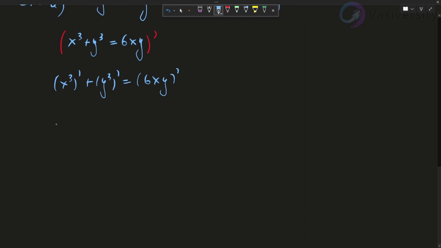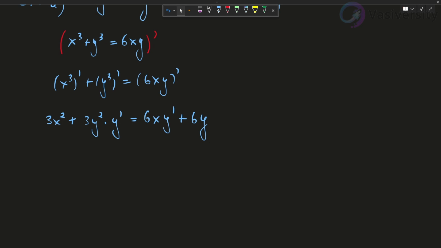Okay, so we're going to have 3x squared plus, by using the chain rule, it's going to be 3y squared times y prime is equal to, by using the product rule, it's going to be 6xy prime plus 6y. Okay, now our goal is to solve for y prime.